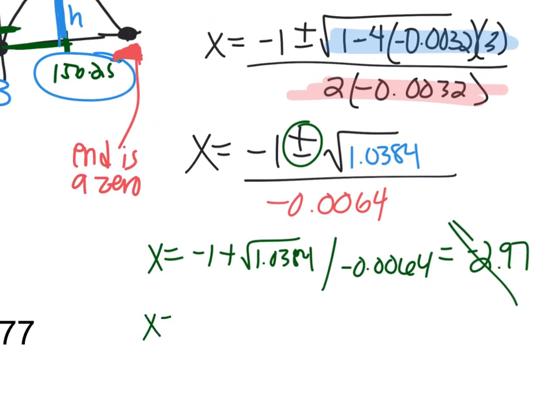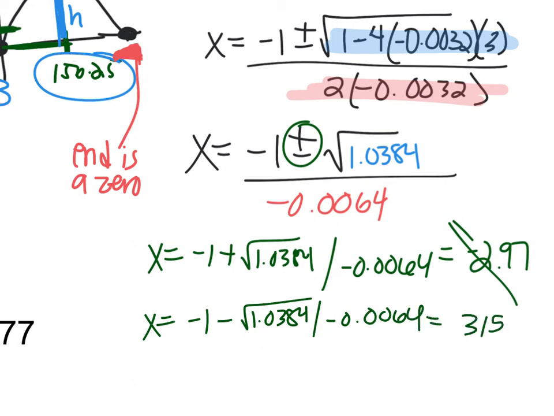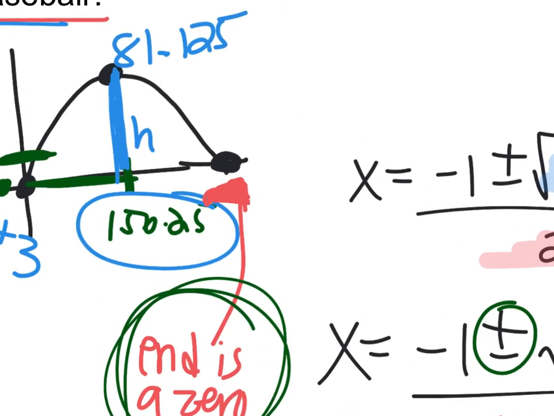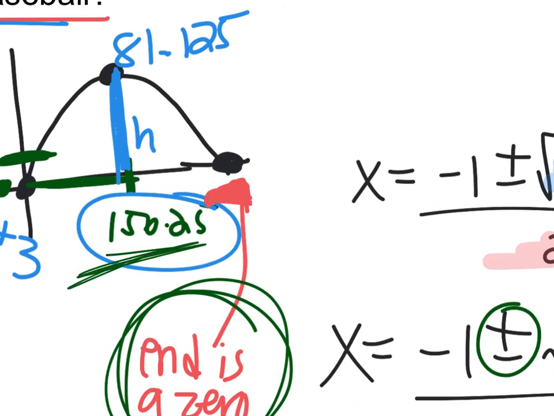So if we do -1 minus the square root, and then divide it by the denominator, we should get 315.472. That's our positive 0. So that's where our ending would be, which makes sense if you think about it for what we already found. We're at 156 about in the middle, so 315 makes sense for where it would be at the end.